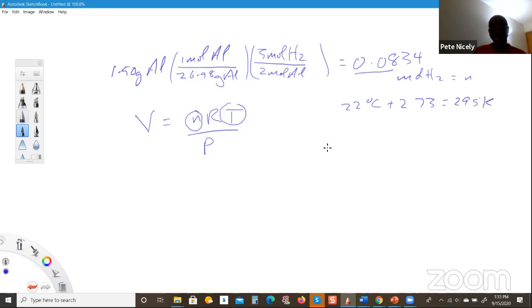P would have to be the pressure of hydrogen. And the pressure of hydrogen in this case would be equal to the barometric pressure minus the vapor pressure of water, which is P H2O. So if I do that calculation over here, I'm going to have 742 torr minus 19.8 torr.